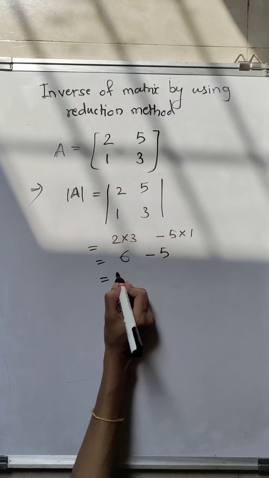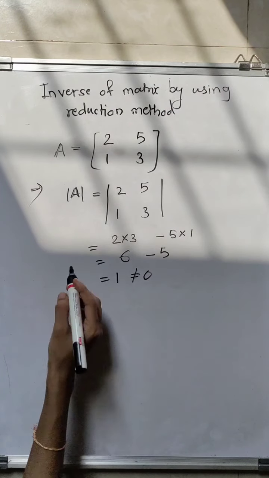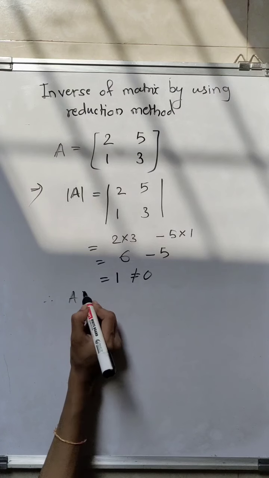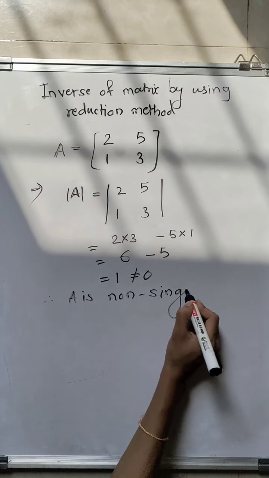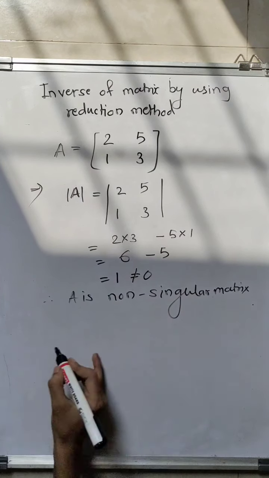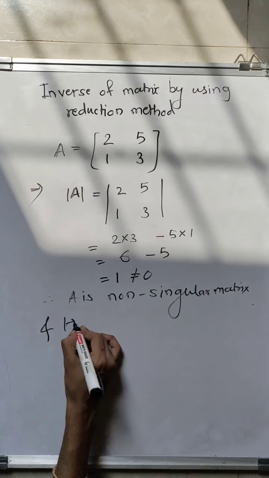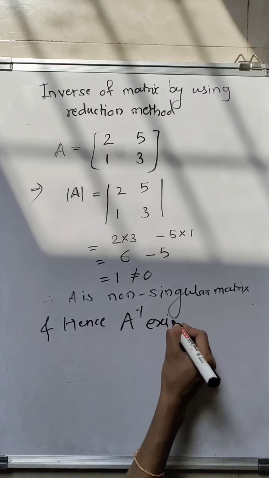So it is 1. As it is not equal to 0, matrix A is a non-singular matrix, and hence A inverse exists.